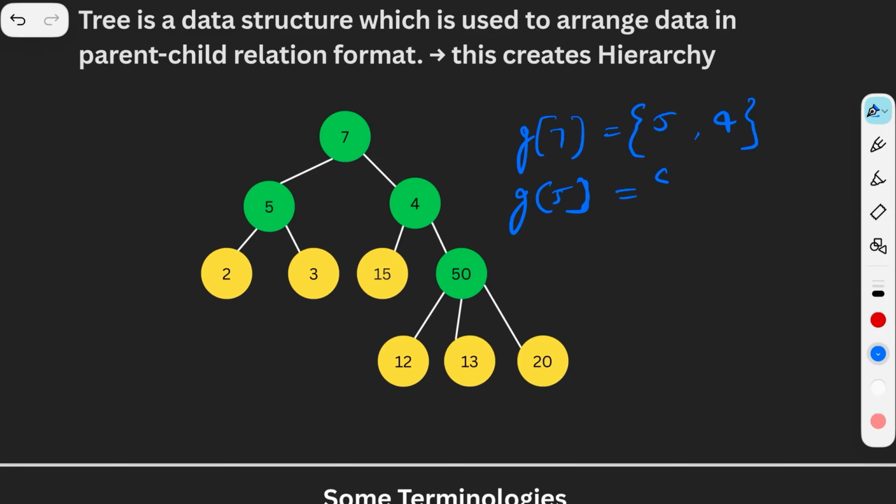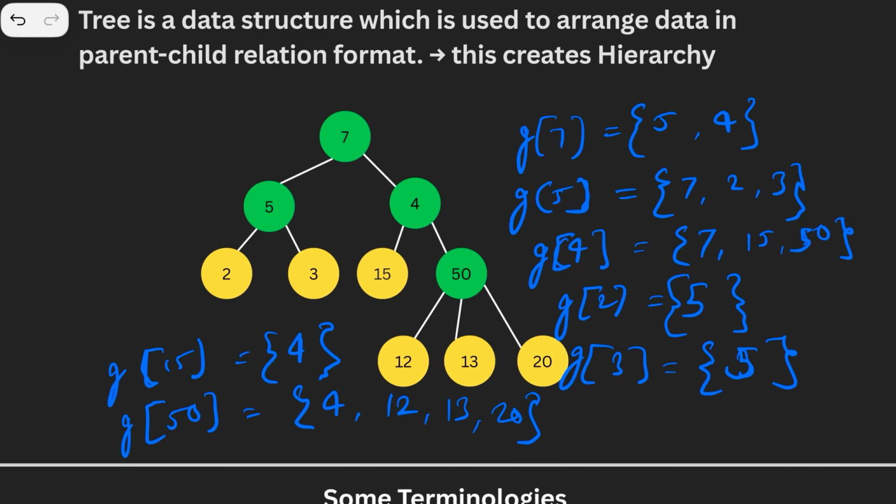It will have 7, 2 and 3. All its adjacent nodes. I hope that my point is clear. You can see G of 12 will have only 50. Similarly, 13 and 20 will also have only 15 because 50 is adjacent to 13, 20, 12 and 4. This is the most commonly used format.